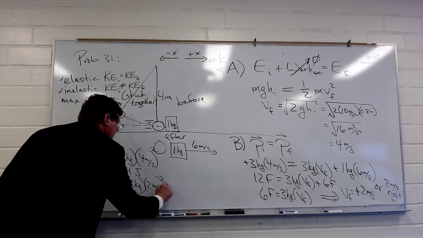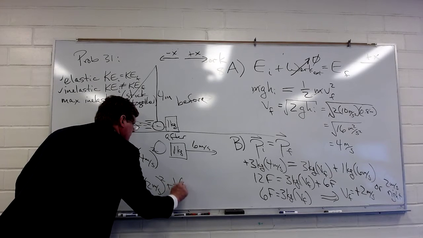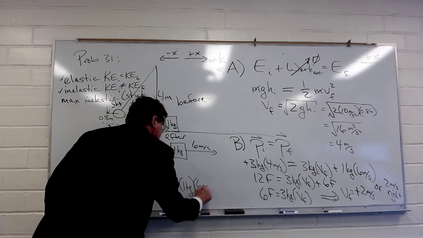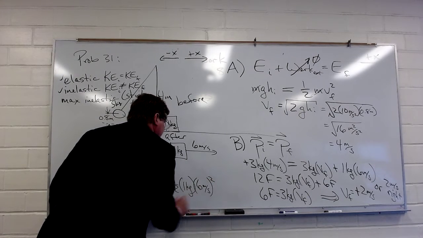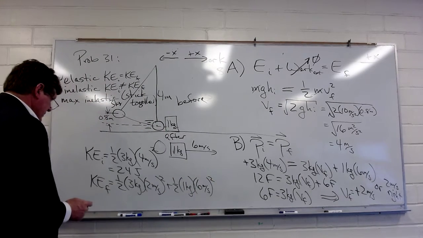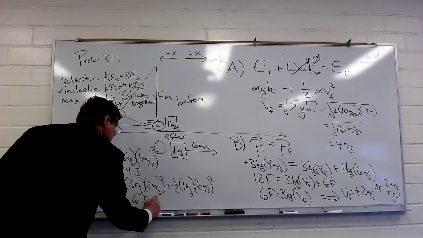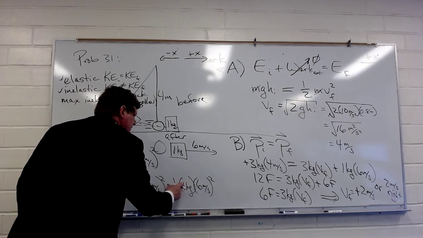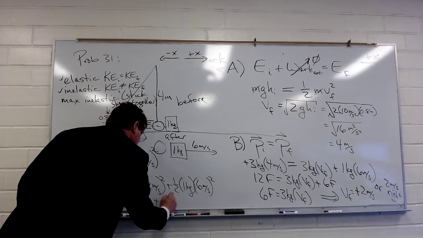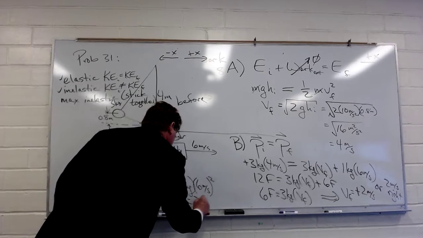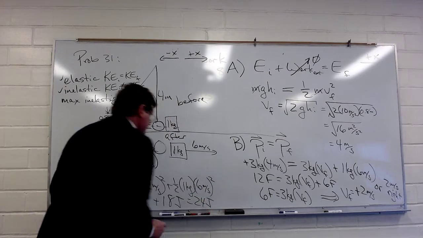I've got to square that. Plus I have the 1 kilogram block moving at 6 meters per second, and I've got to square that. So this is going to be 6 joules plus, that's 36 times a half would be 18 joules. And lo and behold, when I add that together, I get 24 joules.